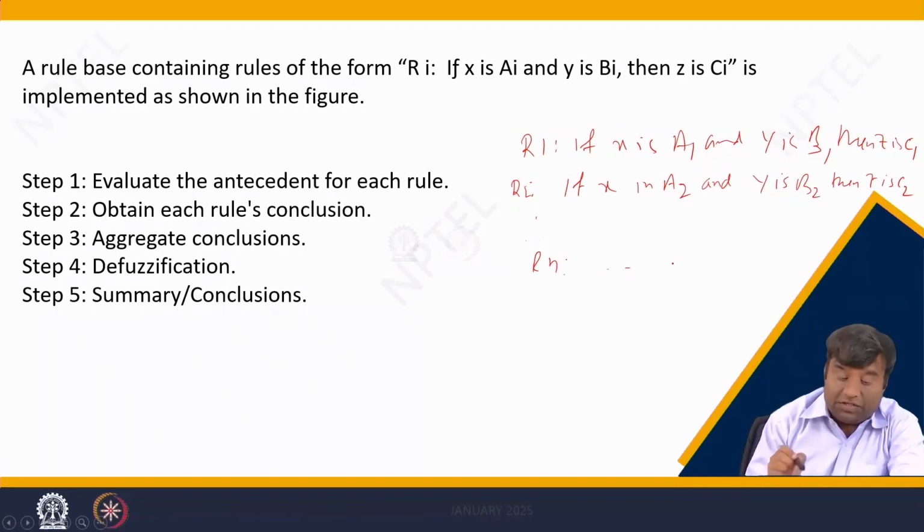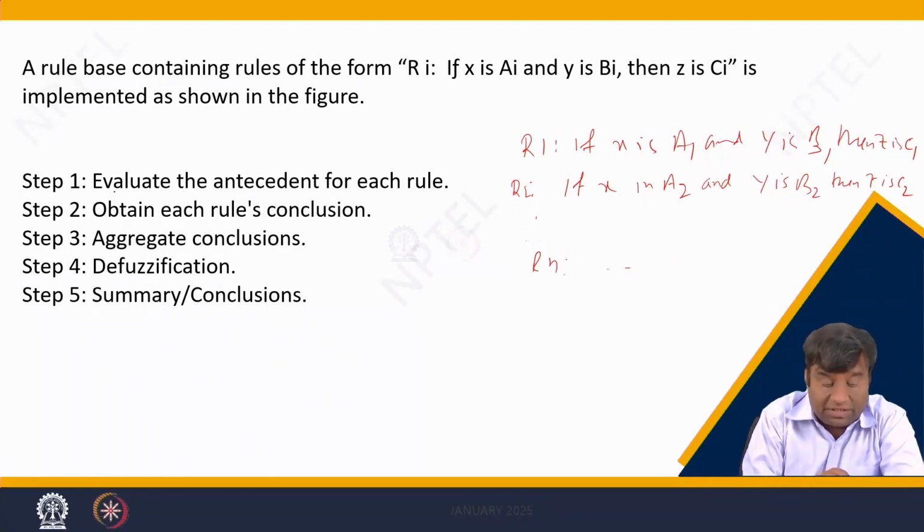In step 1, we evaluate the antecedent for each rule. Then we obtain each rule's conclusion, like the R1 conclusion and the R2 conclusion. Then we aggregate all conclusions, then apply the defuzzification method, and the last step is summary and conclusions.